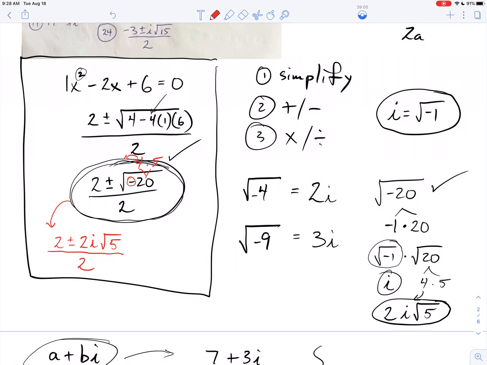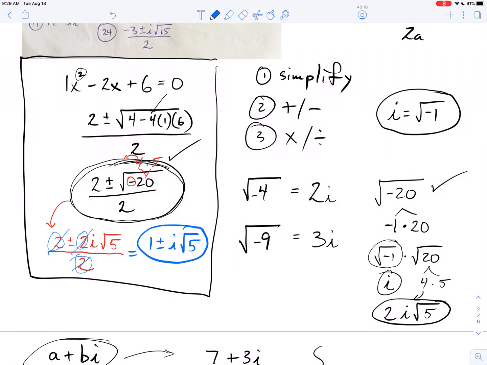There are three numbers here that are all external, and they all have a common factor of 2. So 2 goes into this once, 2 goes into that once, 2 goes into that once. So my final, completely cleaned up, simplified answer would be 1 plus or minus i rad 5.